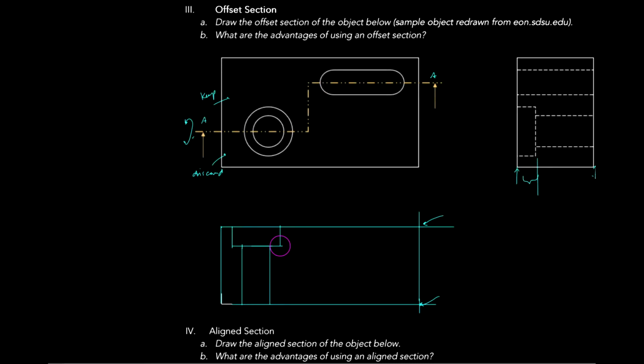Ito, tsaka ito. Pero itong part na to, it should be moved, no? Hindi dapat siya ganyan. So actually, ang pwede natin gawin is iburahin ko na lang to. So ito, kailangan natin burahin. We can retain the others, no? Ito and ito.